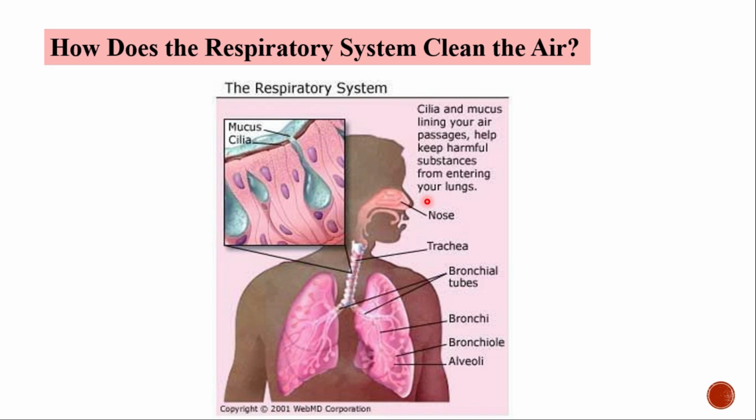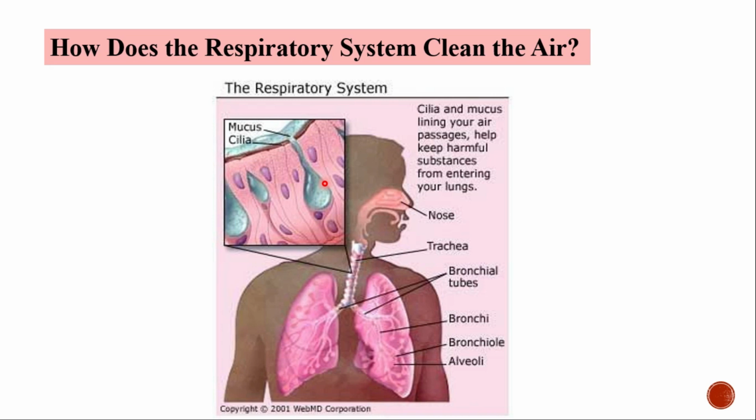How does the respiratory system clean the air? The respiratory system has built-in methods to keep harmful things in the air from entering the lungs. Hairs in the nose help filter out large particles. Tiny hairs called cilia, we can see here the mucus and the cilia, along the air passage move in a sweeping motion to keep the passage clean.